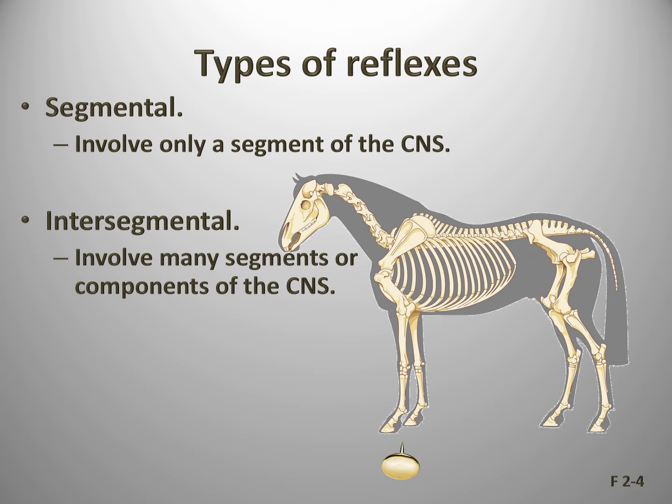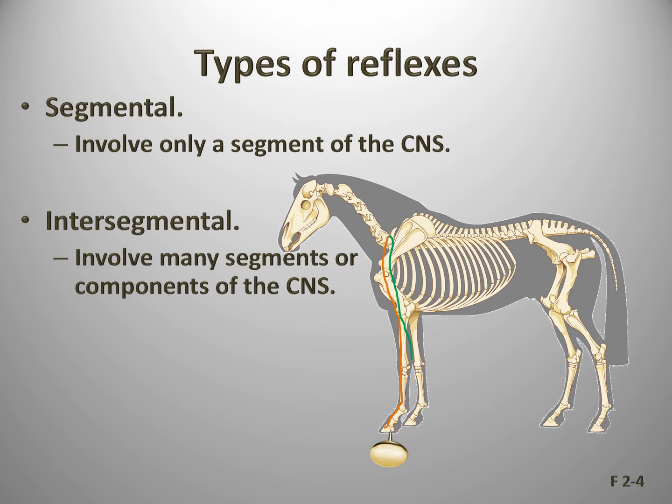When the horse steps on the tack or nail, the pain is sensed by a nerve-ending terminal which carries the information as an action potential to the spinal cord. The afferent neuron then synapses in the spinal cord with several interneurons, one of them to stimulate the flexor muscle of the injured leg in order to lift it up.